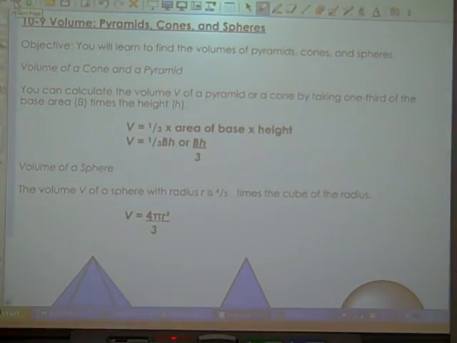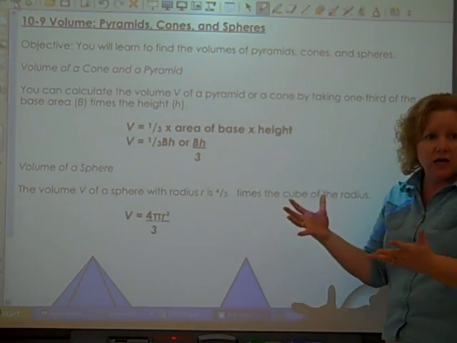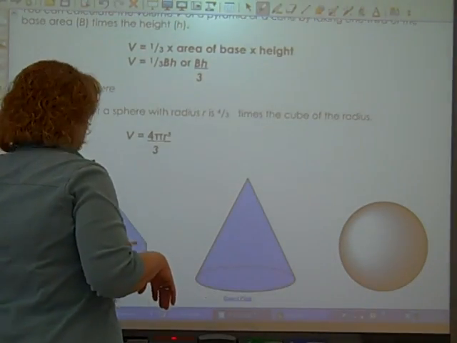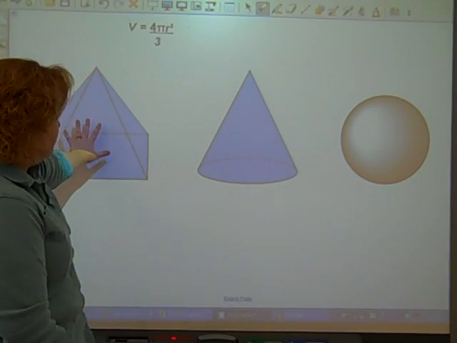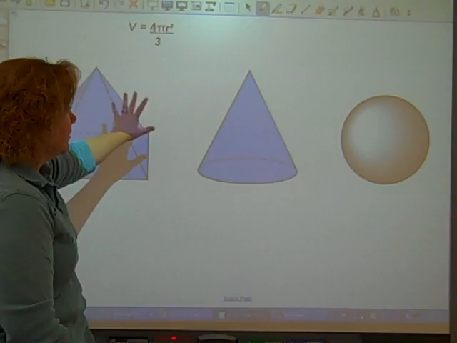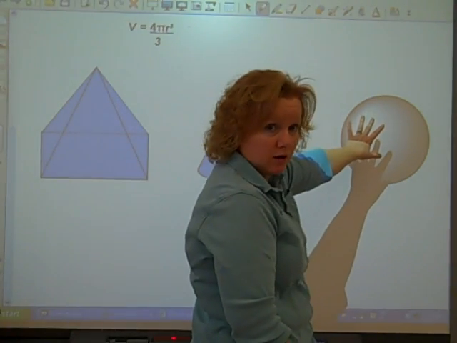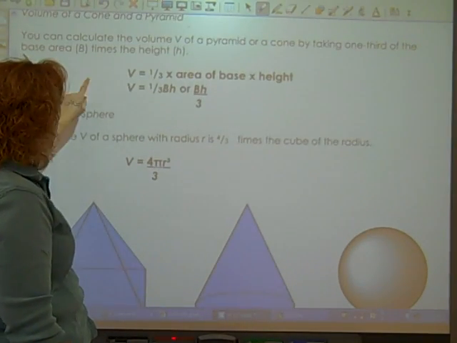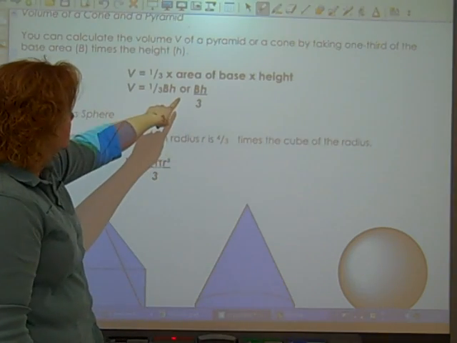Moving on then. 10.9 is volume of pyramids, cones, and spheres. These are just formulas that you need. If you see them, you plug in and you know how to use them. Looking at these three shapes right here, I've got a pyramid, a cone, and a sphere, because it's three-dimensional. The volume for your pyramid and your cone is the same.